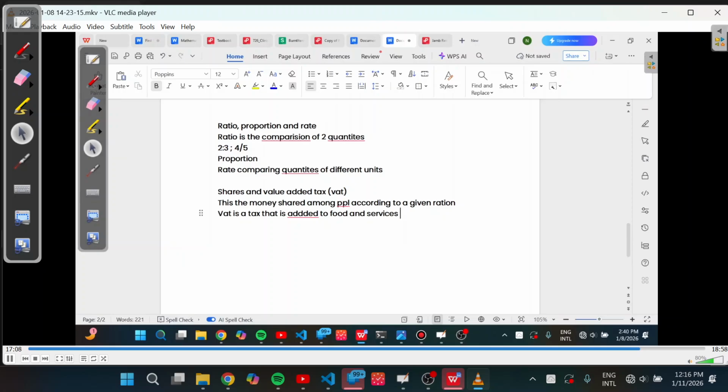Okay, so VAT actually has a formula, and that formula is rate all over 100 multiplied by the cost.